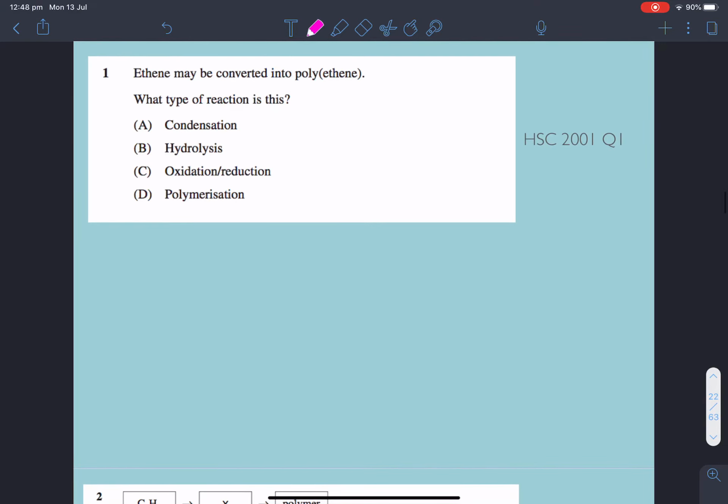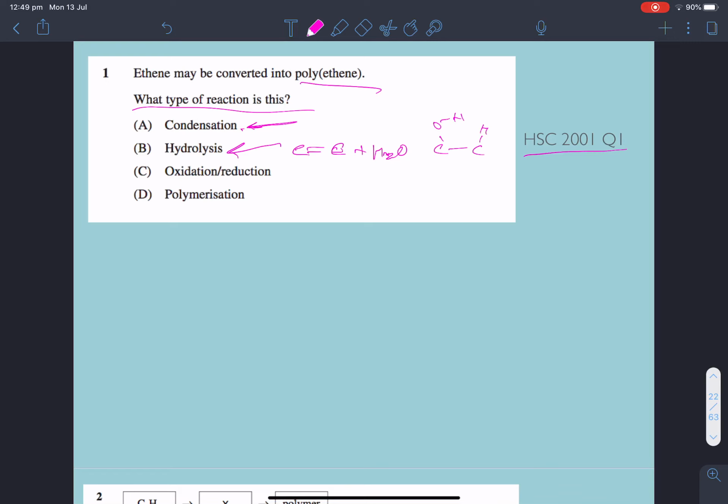So this one's from 2001, question 1. Ethene may be converted into polyethylene or polyethylene. What type of reaction is this? Well, we haven't learnt about condensation reactions yet. We've learned about hydration. Remember, hydration was when you have a double bond and you're adding water and you're producing an alcohol, with a hydrogen across there.